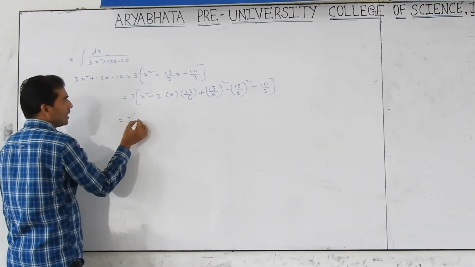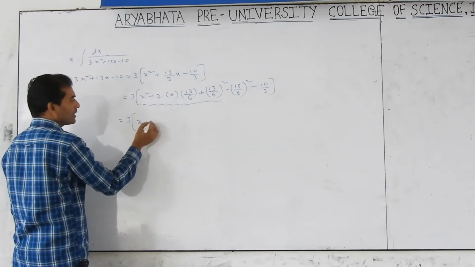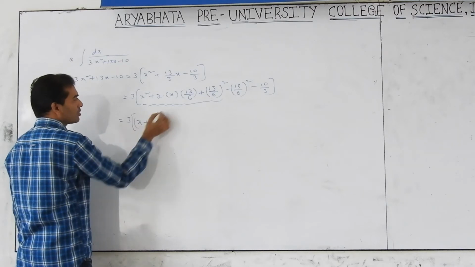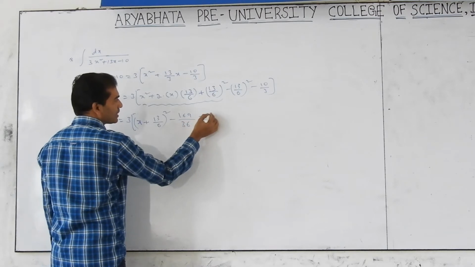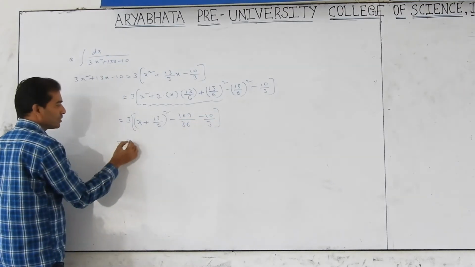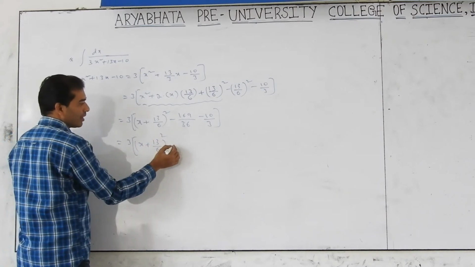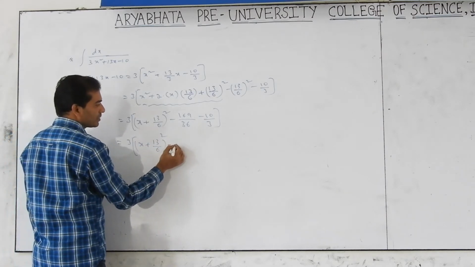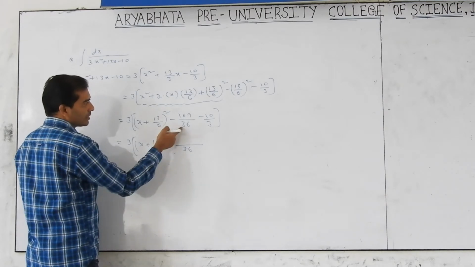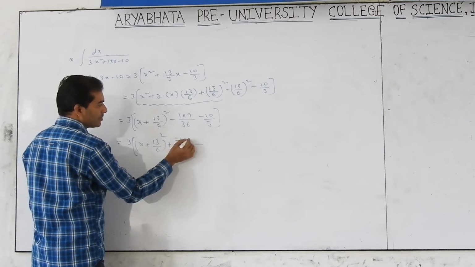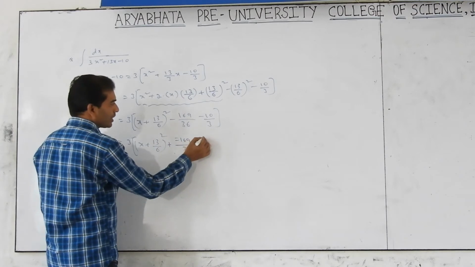3 into x square plus 2ab plus b square equals x plus 13 by 6 whole square, minus 169 by 36 minus 10 by 3. So 3 into x plus 13 by 6 whole square, take the LCM here: 36. Minus 169, minus 3 12s are 36, 12 into 10 is 120.